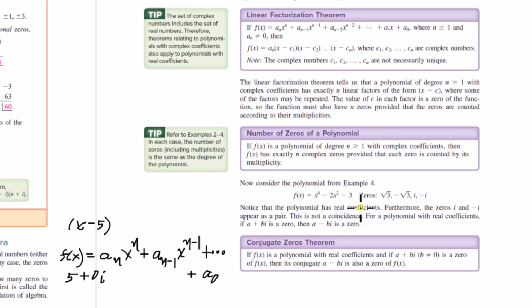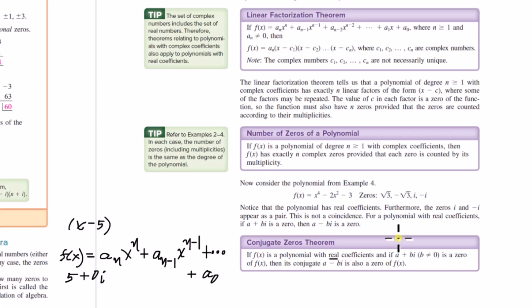So what they're saying is for a polynomial with all real coefficients, any imaginary root or zero is always going to occur in conjugate pairs. If the polynomial has complex coefficients, this rule doesn't necessarily apply.